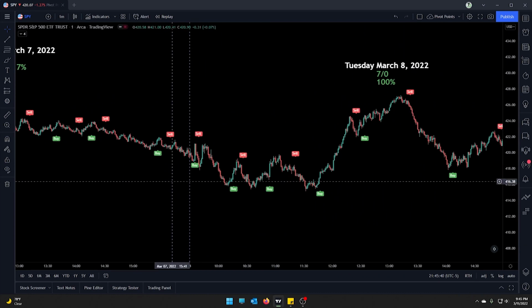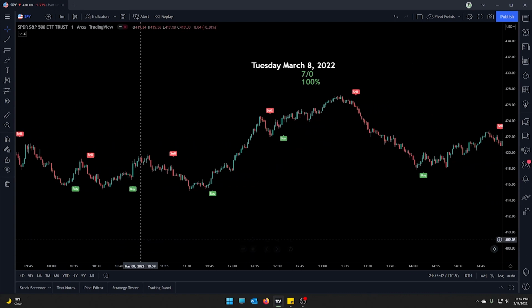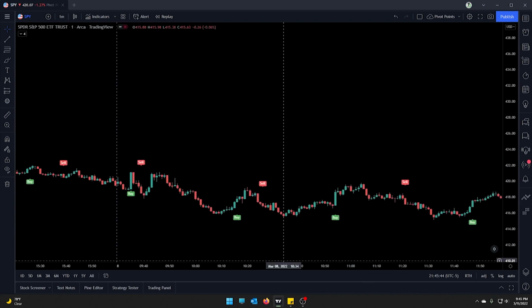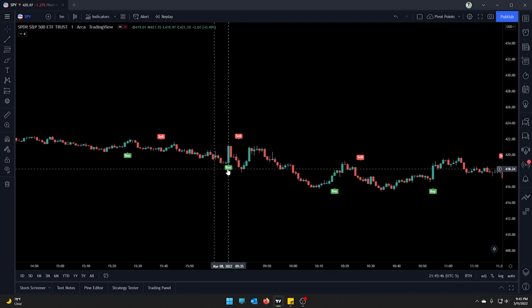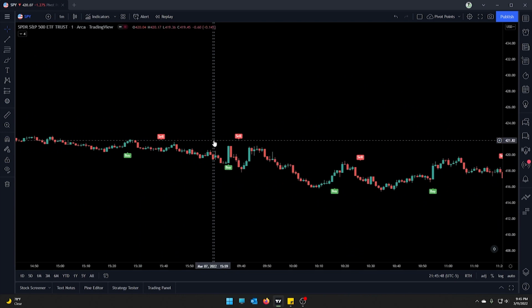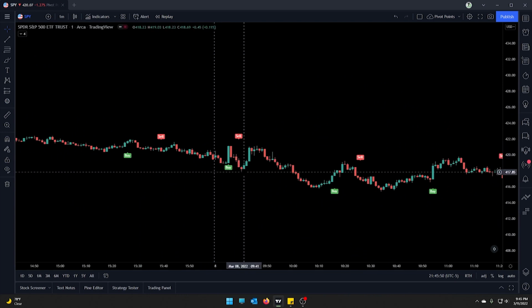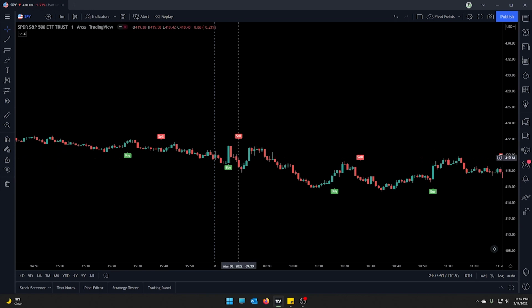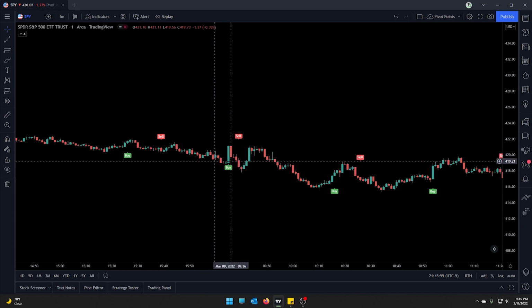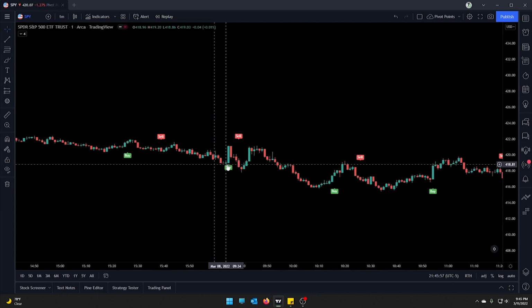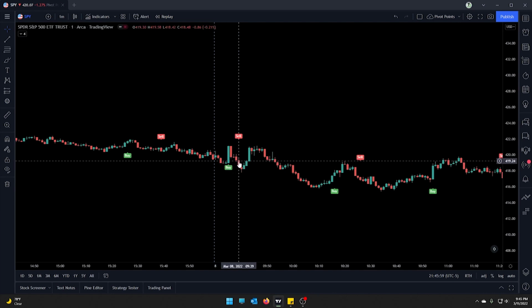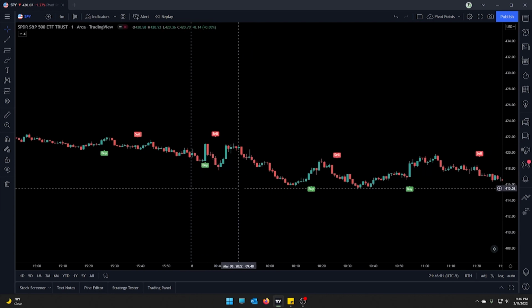Like this one here particularly was sketchy because it signaled a buy on this big green candle, but very quickly thereafter you could have lost if you didn't sell here. It's such a close entry and exit that it would have been not worth taking.